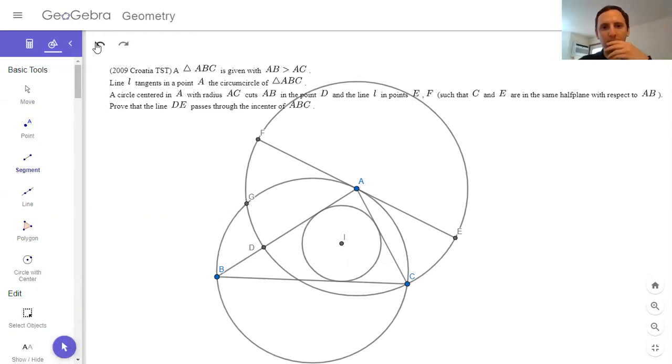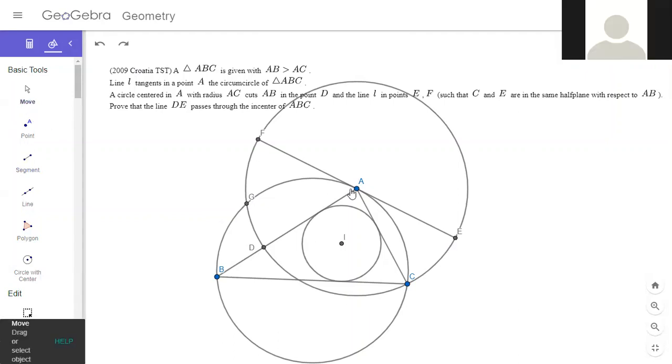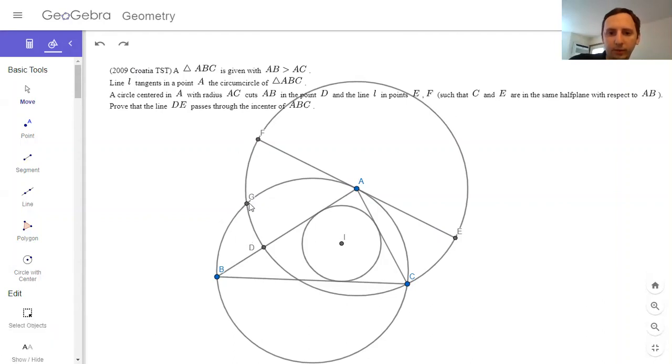No. Can we compute angle ADE? ADE. Yeah. So ADE is the same as AED, which is FED, which is maybe.